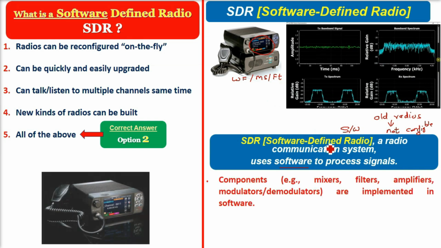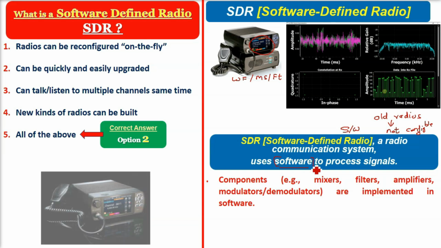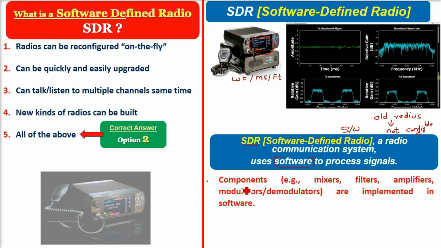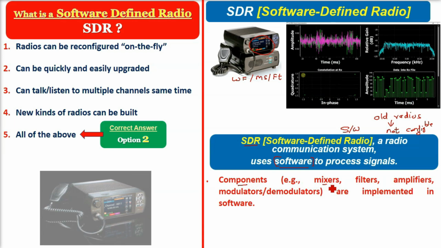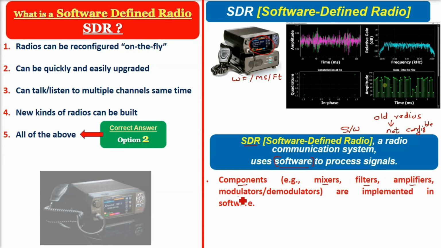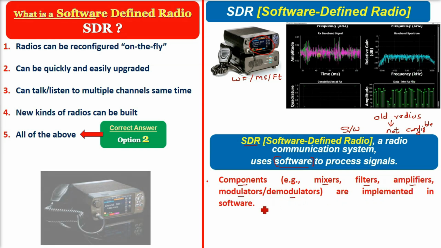So software defined radio is a type of radio communication system where the components that traditionally were implemented in hardware, that is, mixers, filters, amplifiers, modulators, demodulators, are implemented in software rather than hardware.